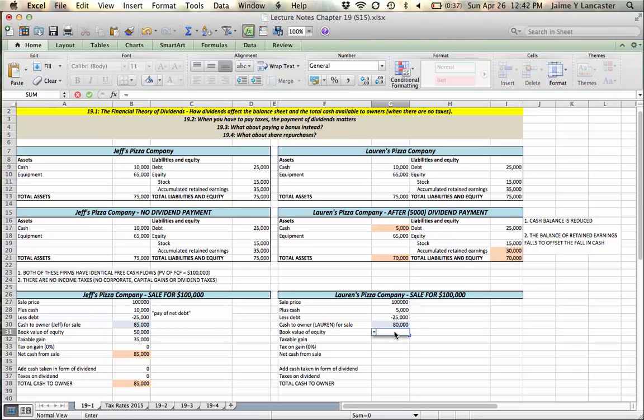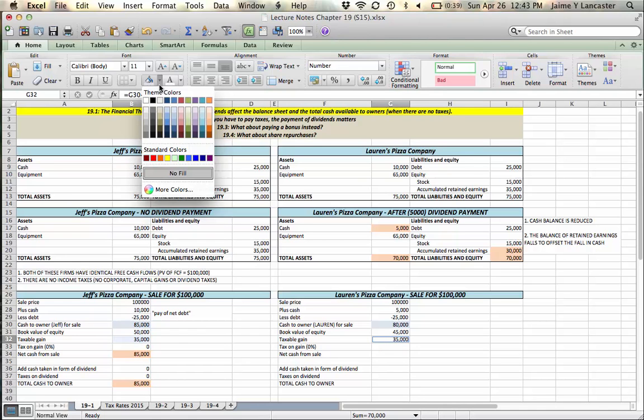But what about the book value of equity? How much is that going to be? Well, interestingly enough, she also has less equity because she's reduced her retained earnings. So the taxable gain, otherwise known as subtraction, turns out to be the same, identical taxable gains.